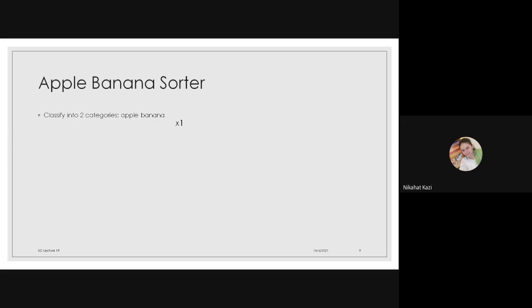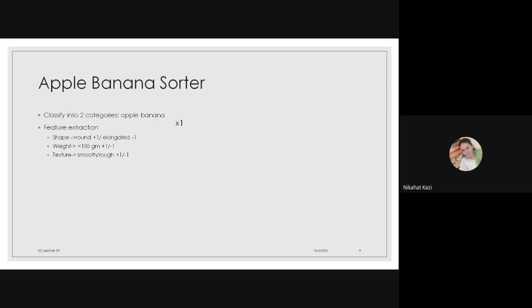For that, first of all, we need to identify the features that are going to be used for representing each of these categories. So how do you represent an apple and how do you represent a banana? In a real world scenario, there'll be some feature extraction technique. For simplicity, we'll just assume some features which describe the fruit.